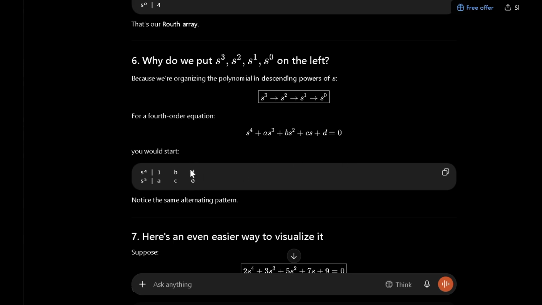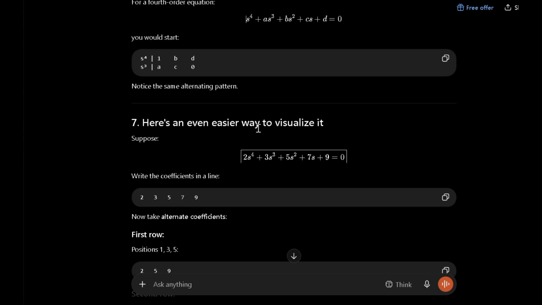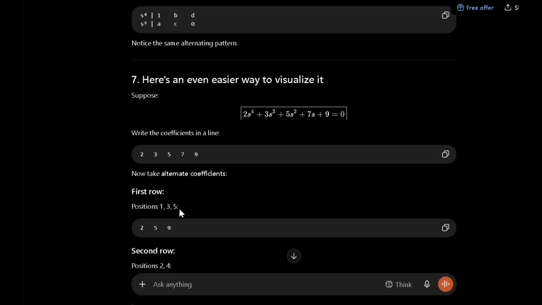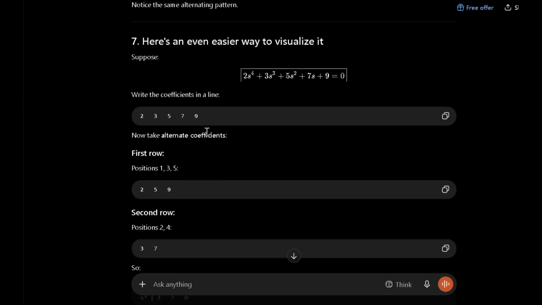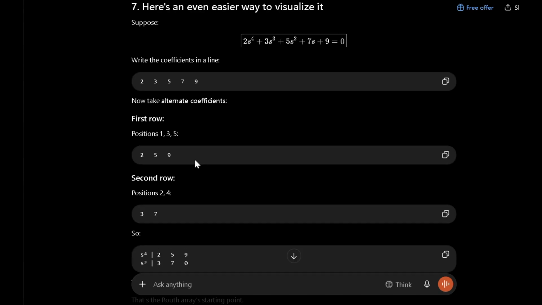What is the same alternating pattern? Here's an even easier way to visualize it: 2S4 plus 3S3 plus 5S2 plus 7S plus 9 equals 0. Write the coefficients in a line: 2, 3, 5, 7, 9. Take alternate coefficients. First row positions 1, 3, 5: 2, 5, 9. Second row positions 2, 4: 3, 7.